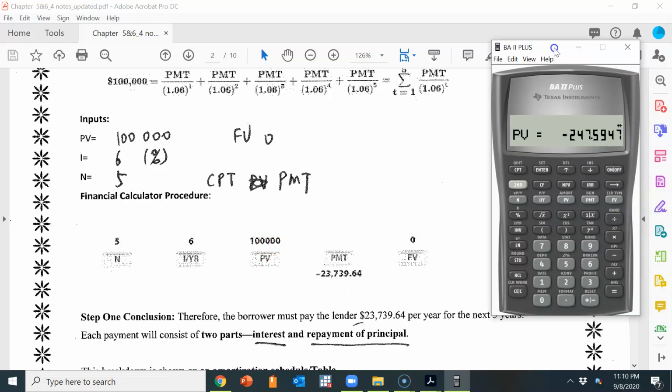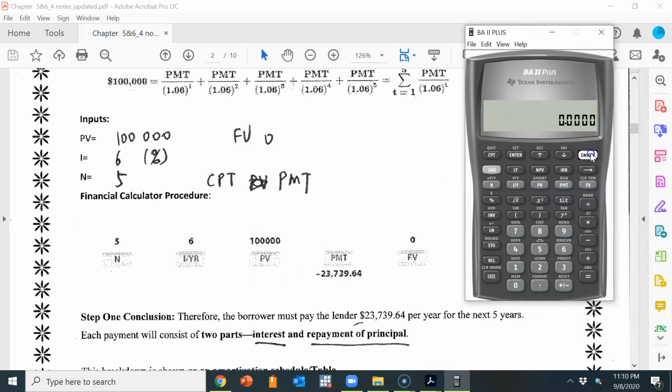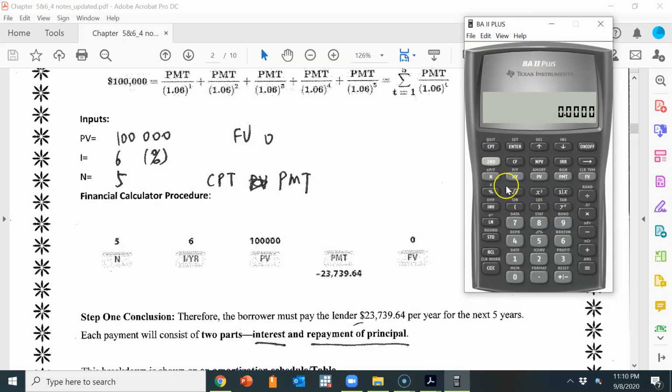Okay, let me repeat this process here on our financial calculator. You can also pull your financial calculator out and follow the steps here. So we know we can input 5 as n. We have 5 years. 6 as I. Interest rate is 6%. Present value is the loan amount, 100,000.